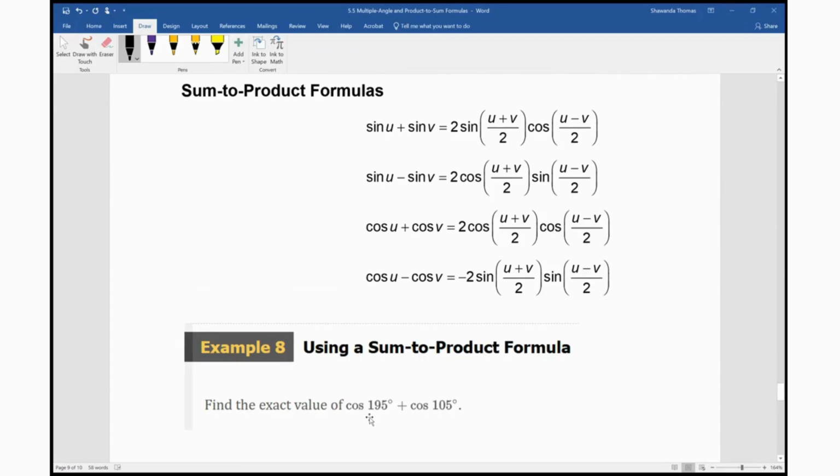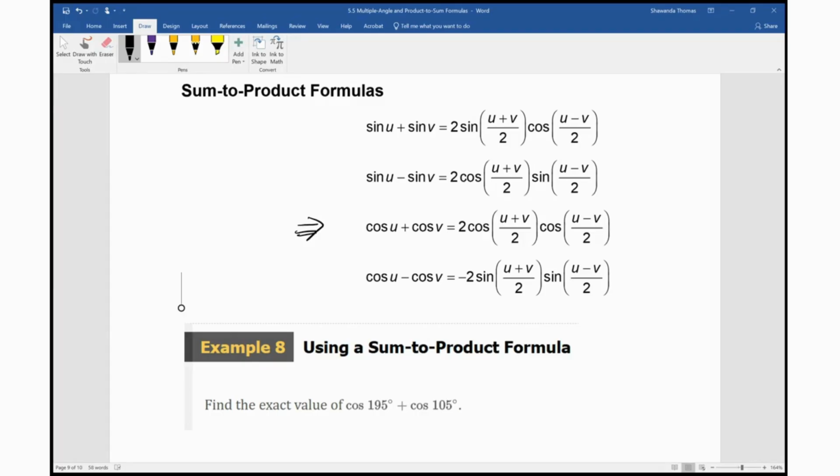Do we use the first one, second one, third one, or fourth one? Third. Because we have two cosines and a plus sign in the middle. So it must be the third one.